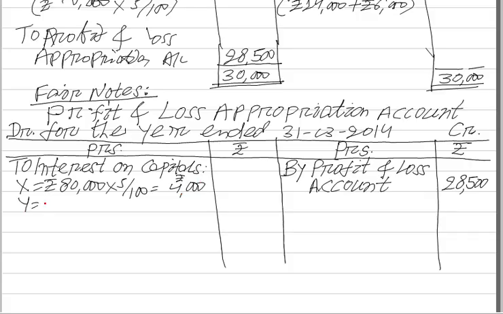For Y, this is rupees 60,000 into 5%, 3,000. Total 7,000.